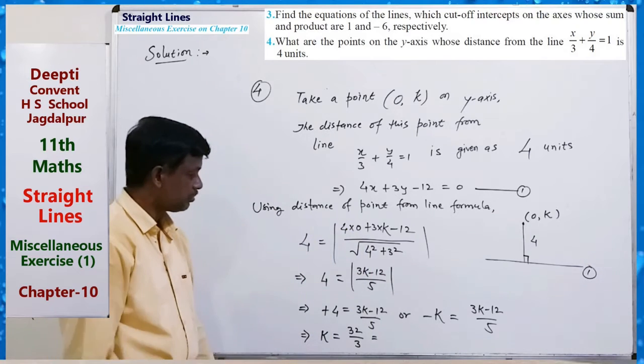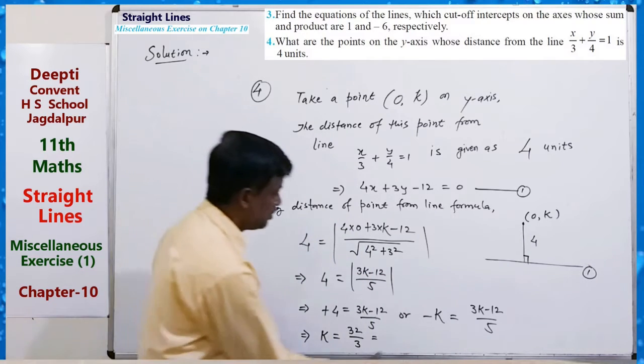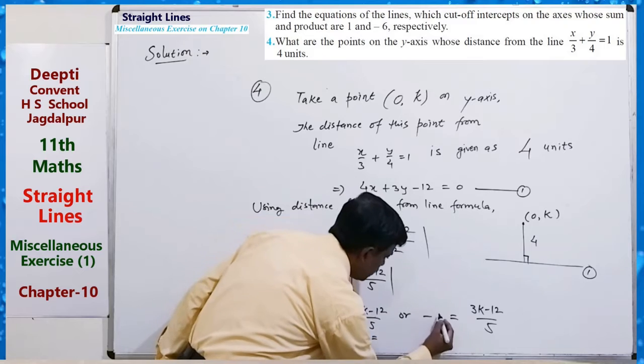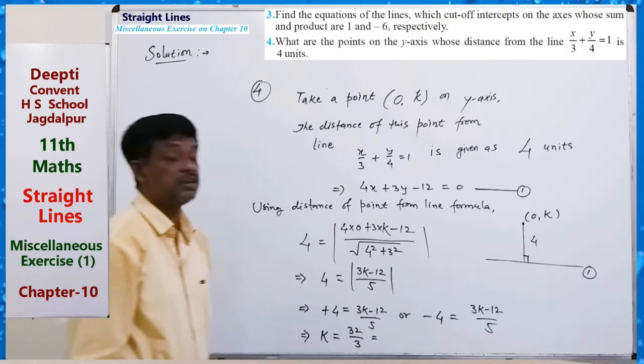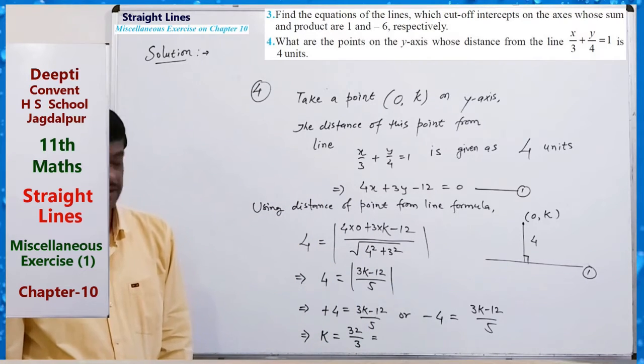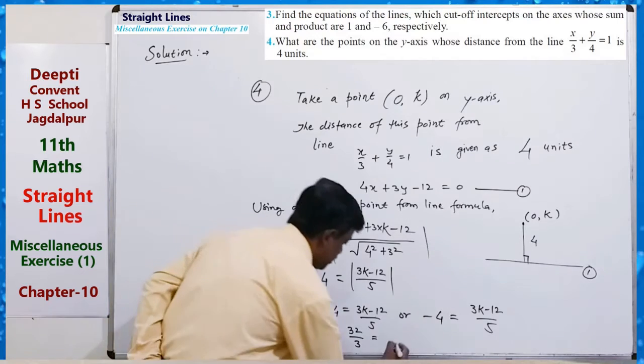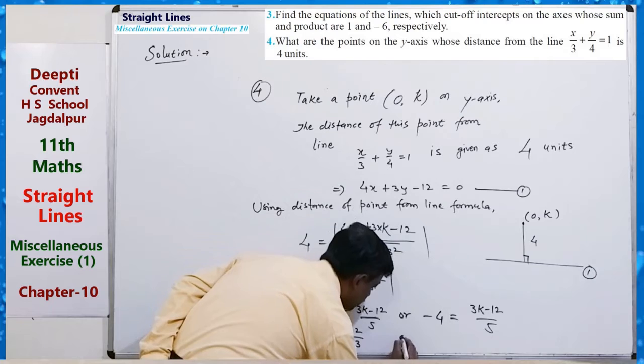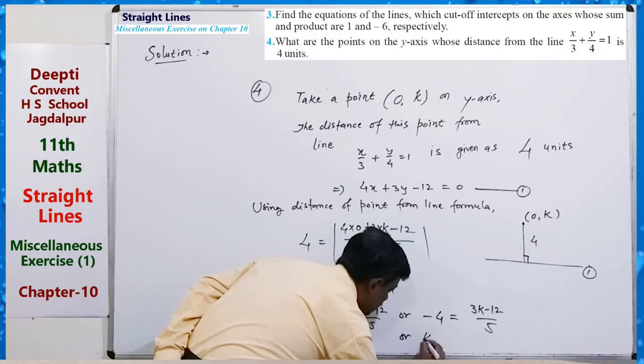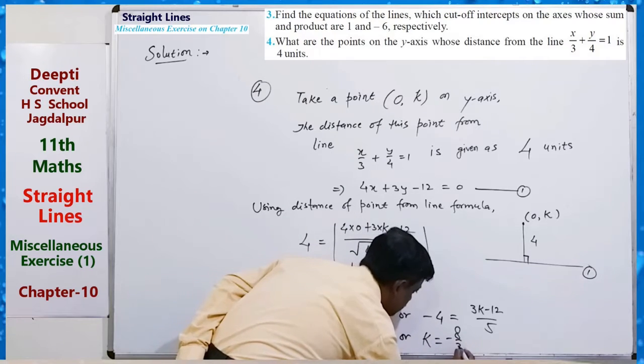And here, minus 20 plus 12, so minus 8 by 3, or k equals to minus 8 by 3.